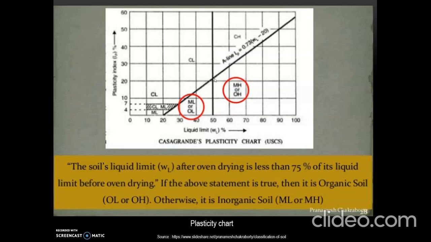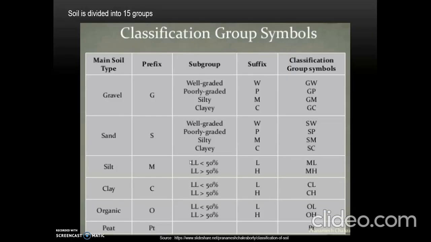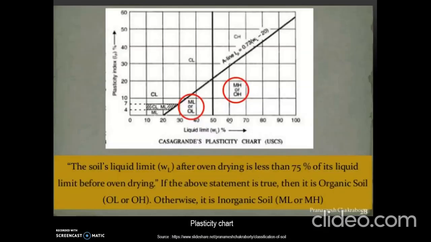Next, we will have to draw a dividing line from liquid limit equal to 50, because fine grained soils are classified based on the value of liquid limit. That is, if liquid limit value is less than 50%, the suffix used is L, and if liquid limit is greater than 50%, the suffix used is H. So we will mark a dividing line with a thick line at liquid limit equal to 50.